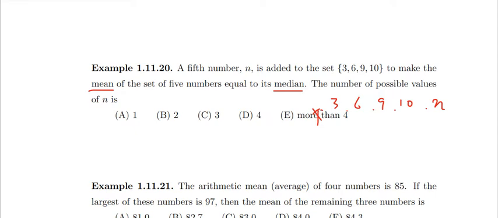The median is 9, so the average is also 9. We set 9 as 0, so this becomes 0. This becomes -3, -6, and this becomes 1.